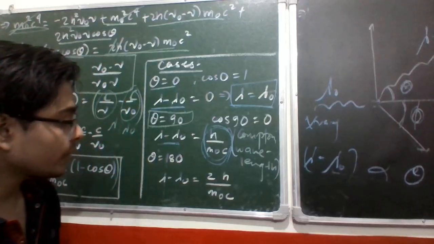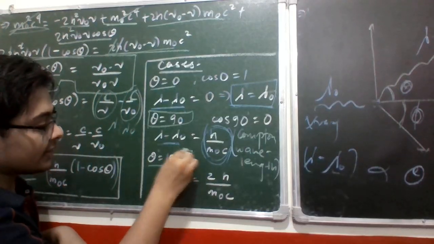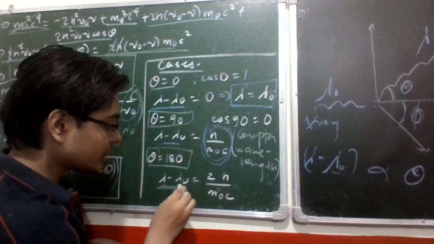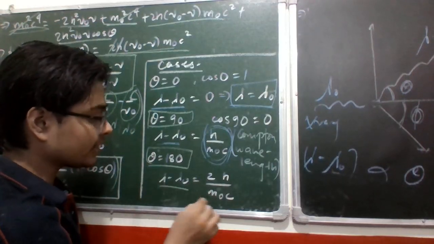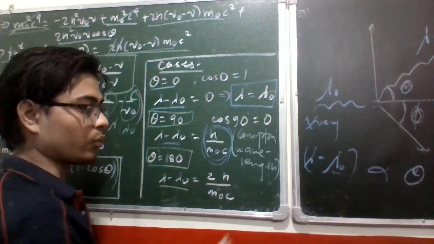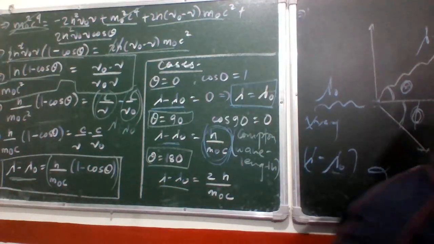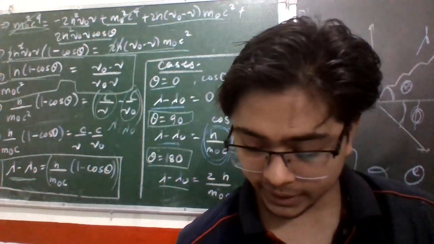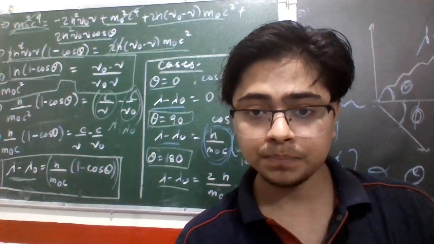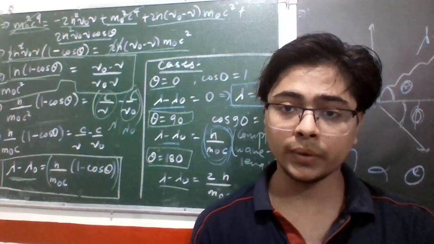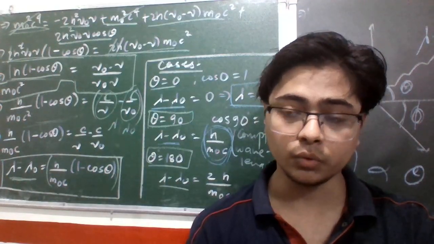Similarly, we have theta equals 180. In that case, the shift is the maximum, and the shift is twice the Compton wavelength. These are some of the things that you should know beforehand when we study the Compton wavelength, or when we do some numericals about it.